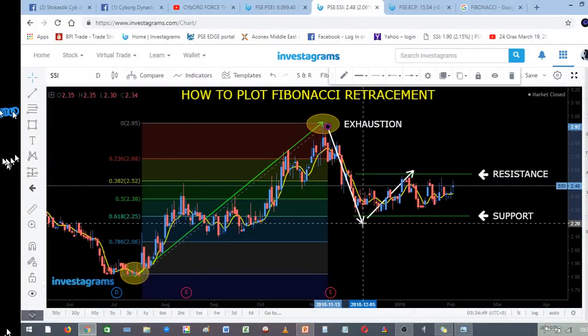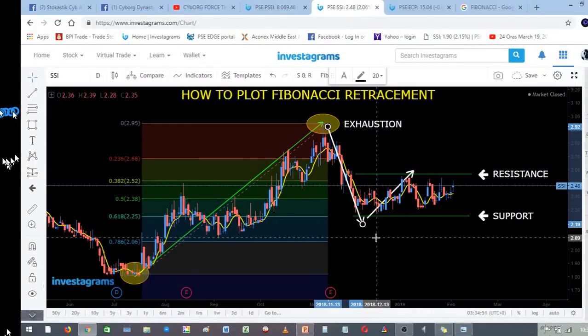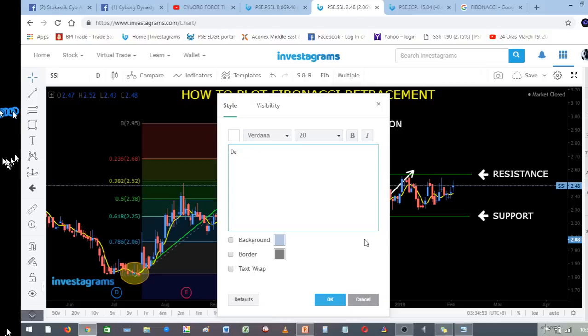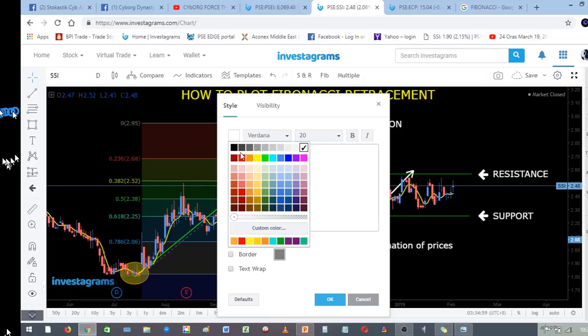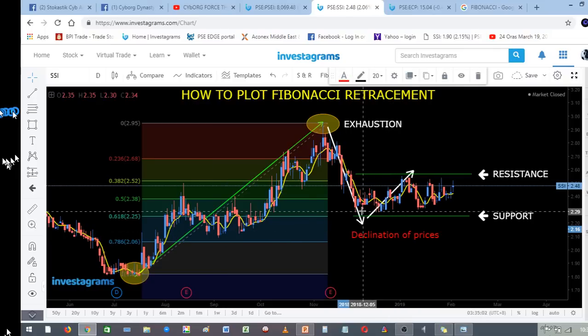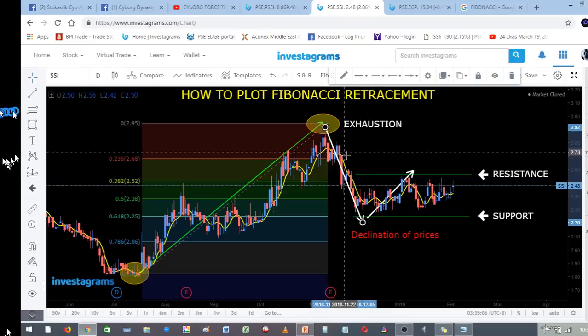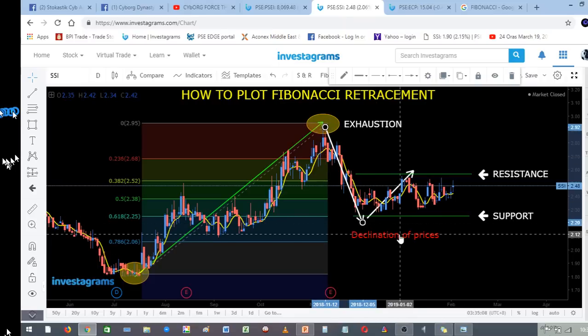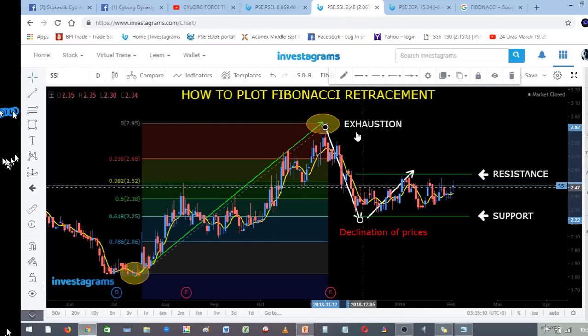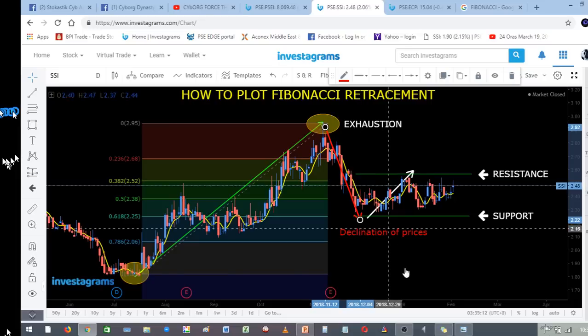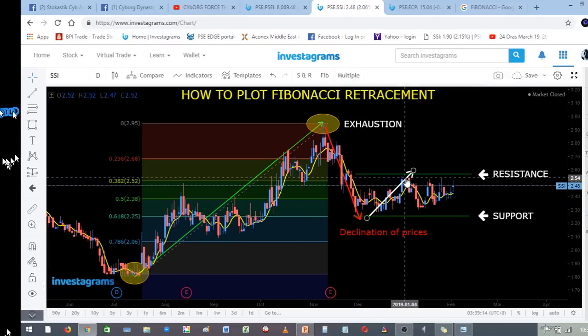This is the declination of the prices, and it is indicated by an arrow down. I'll put it in red color, and then the recovery, which is the white color.